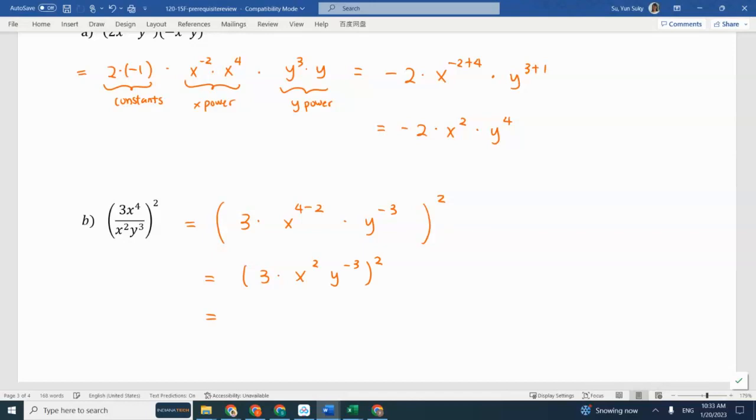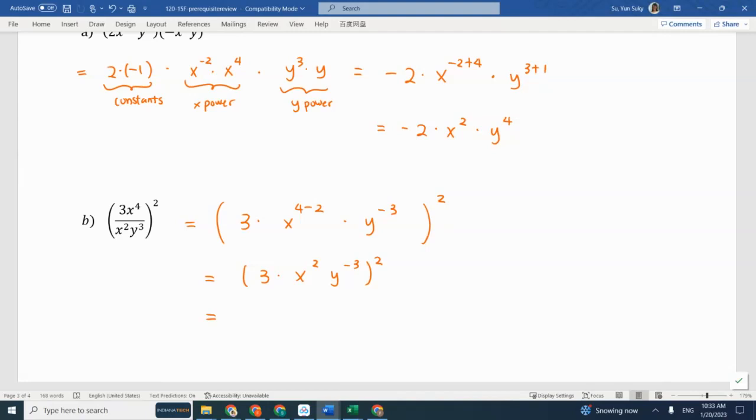Okay. Now, can we distribute the power 2? Yes or no? Is it a product or sum? Yeah. Product, yes. We can do it. If we have a sum, we cannot do it. If it's a sum, we use the formula a squared plus 2ab plus b squared.